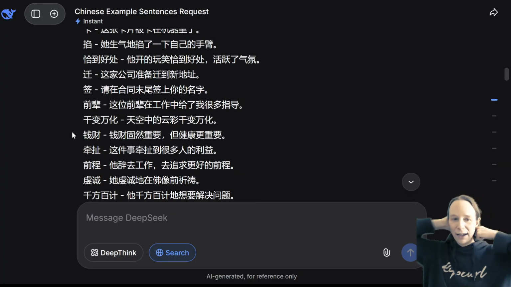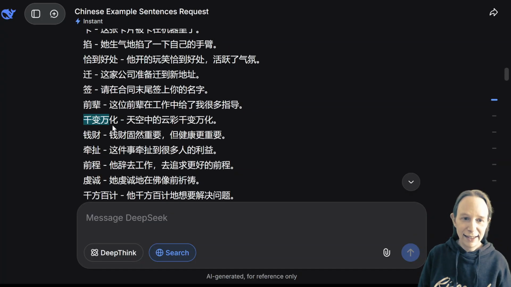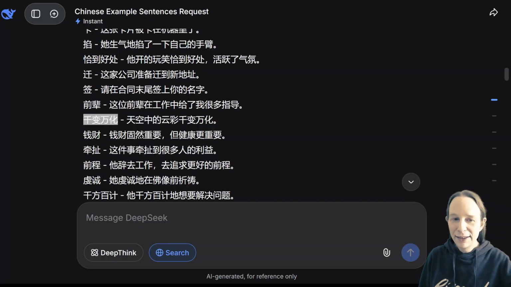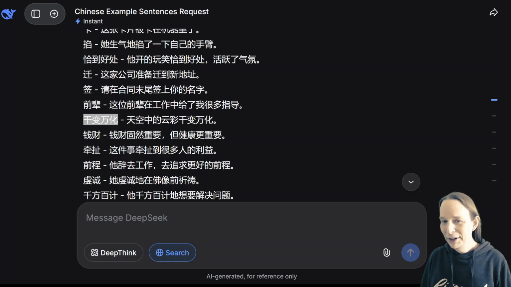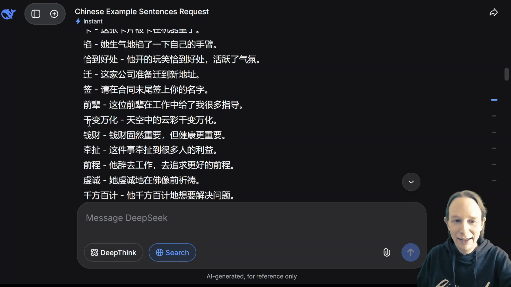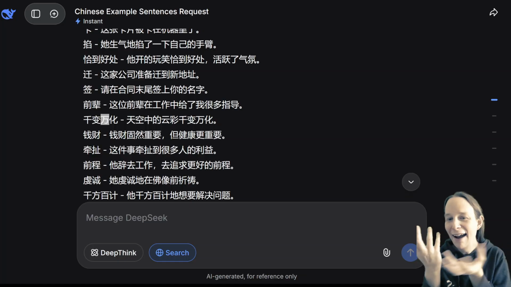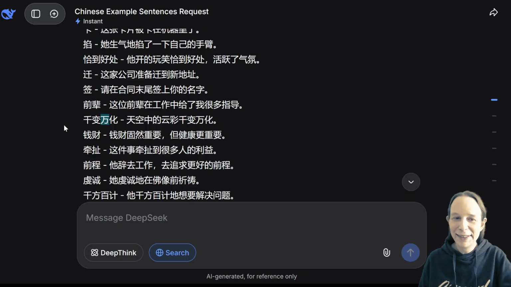Okay, next is 千变万化. So we've gone through enough of these idioms to be able to guess what this means, even if you don't know it. When you see large numbers like this, whatever the numbers are, it means a lot of, and then you take the word using the other characters.